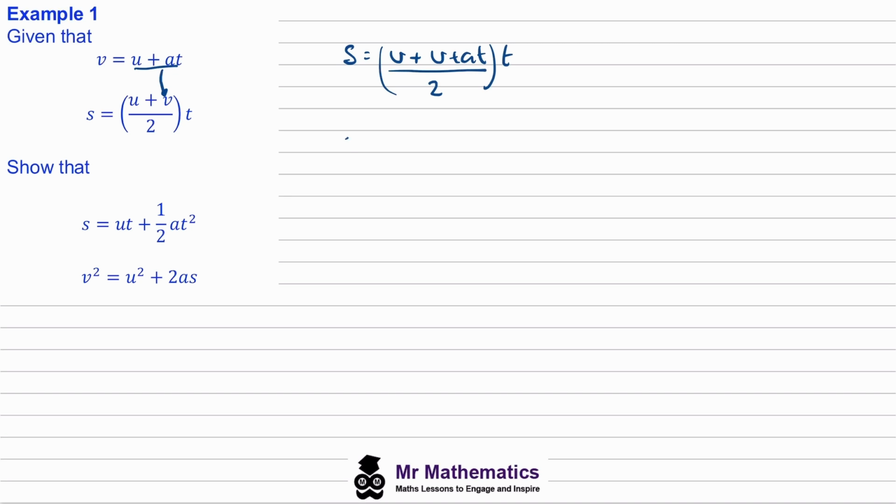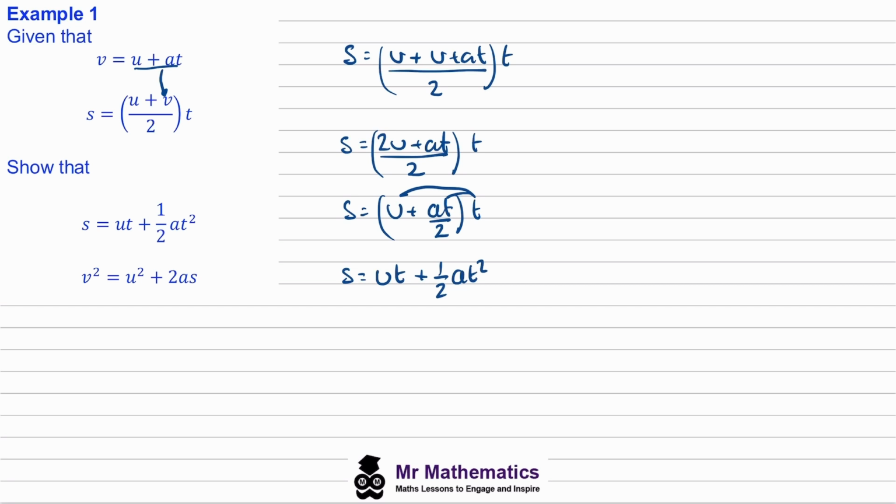We can tidy up our numerator, so we'll have 2u plus at over 2 multiplied by t. And then we can divide each of these terms by the 2. So s will equal u plus at over 2. And then we can expand out this t. So we've got the displacement will be ut plus 1/2 of at squared. And that gives us our equation here.